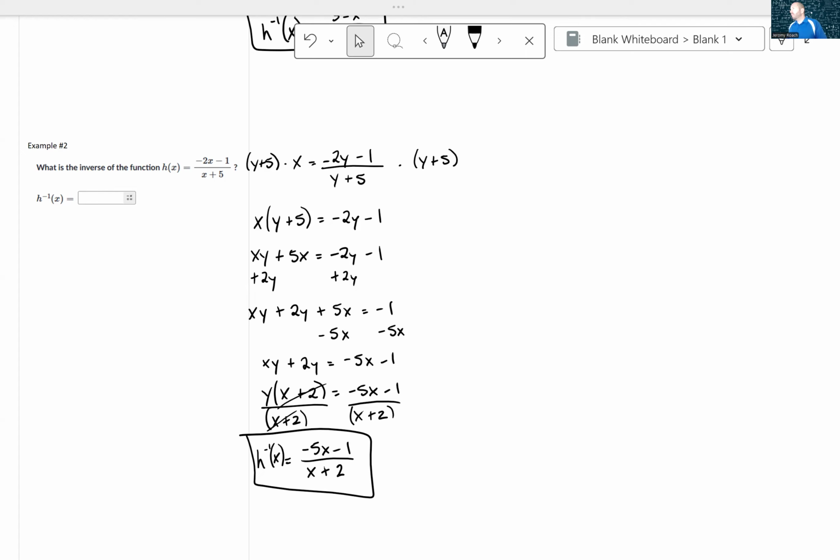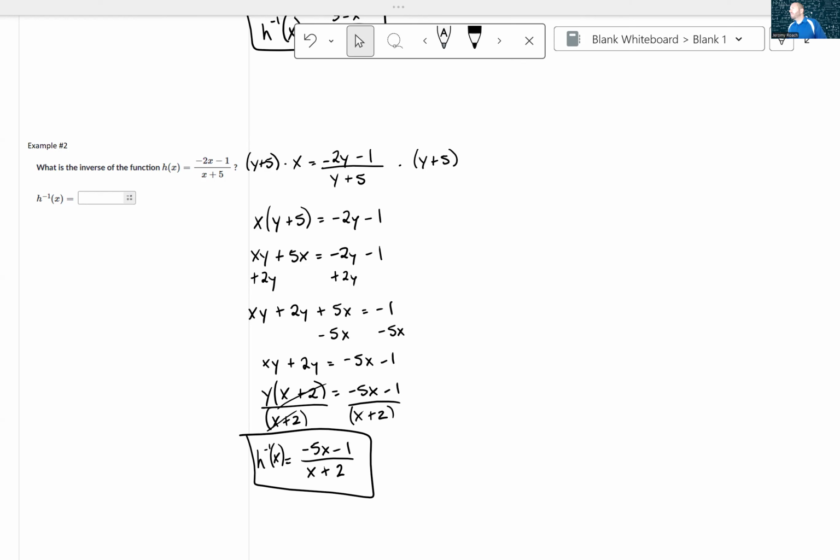Okay, so here's what the inverses are. Let me see if I can find a couple of points on here. Here's what the inverse looks like on the graph. This one's a little bit challenging to see because it's a rational function graph. Let me share a different screen with you here.